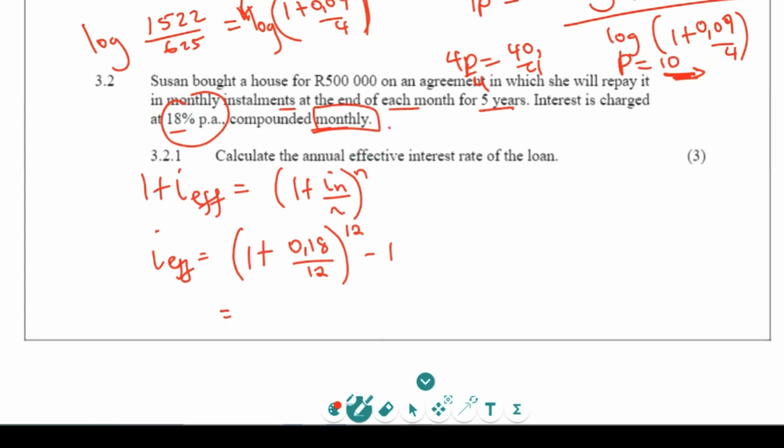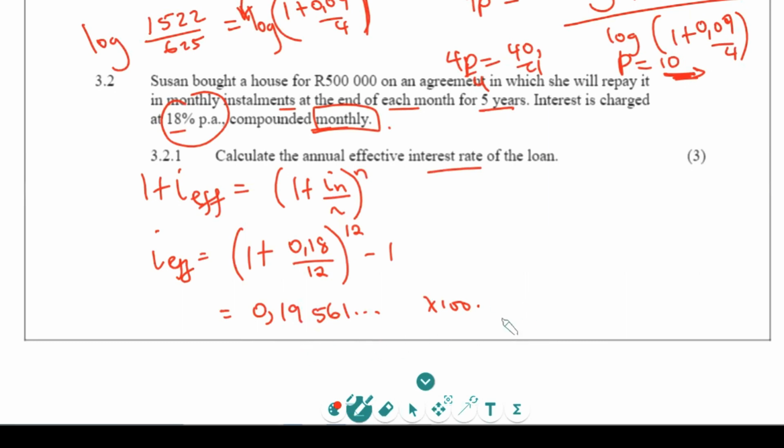Punching that into the calculator and subtracting the 1, I'm getting 0.19561, and so on. Then I just need to round this off to 2 decimals after multiplying by 100. Remember, it is an interest rate, so multiply by 100 and round off your answer to 2 decimals.